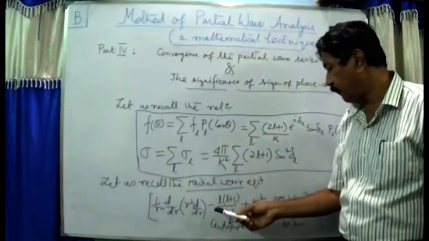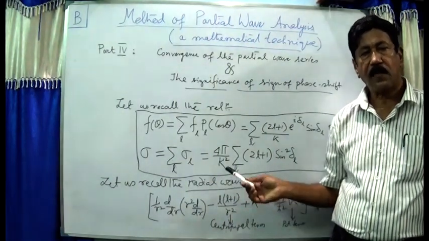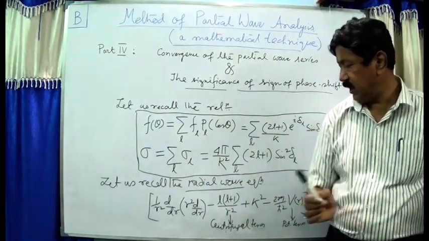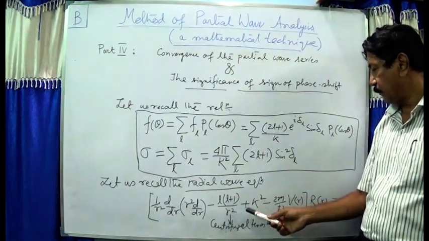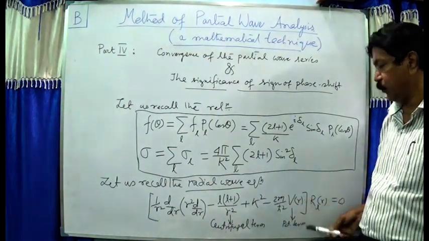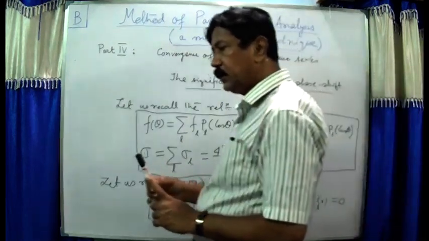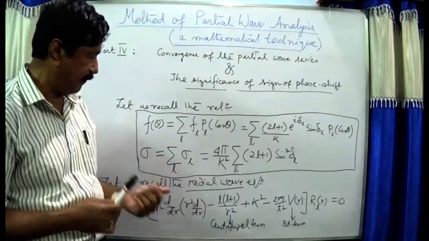As the value of L increases, at some value of L it may happen that this centrifugal term becomes dominant over this potential term. And if that is the case, then what will be the effect?